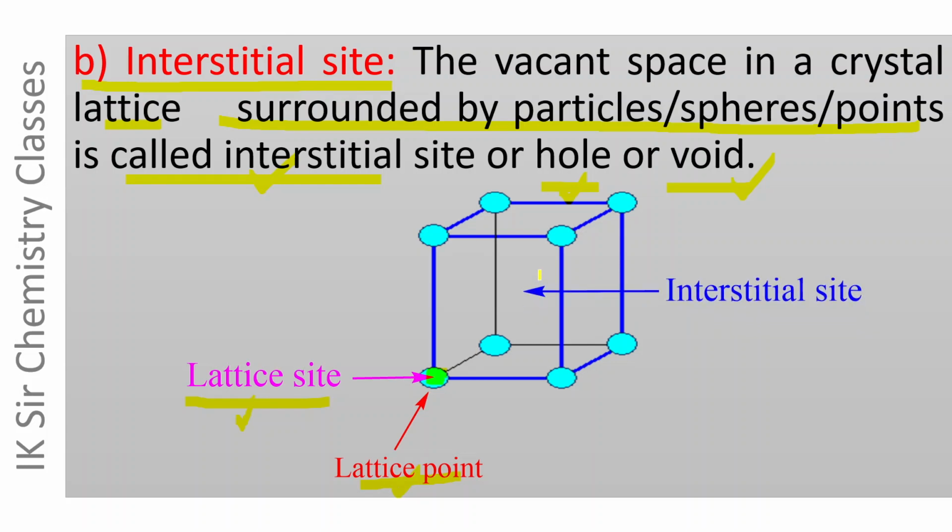The vacant space in the crystal lattice which is surrounded by spheres, points or particles is called an interstitial site, hole or void.